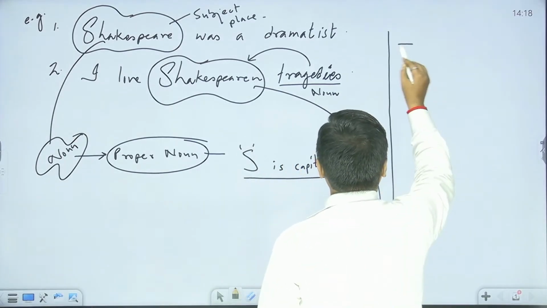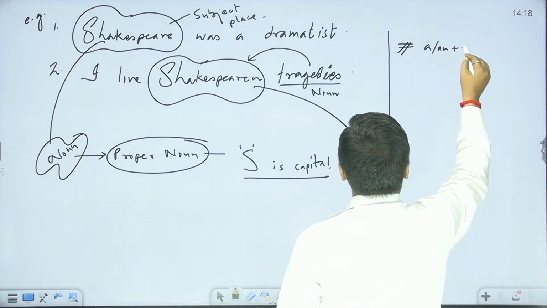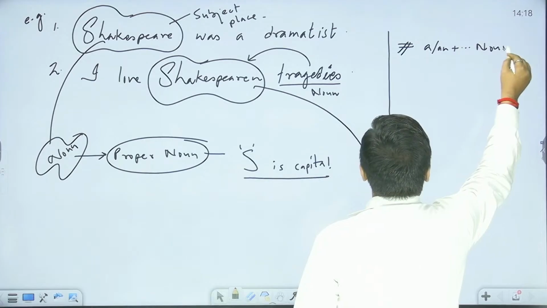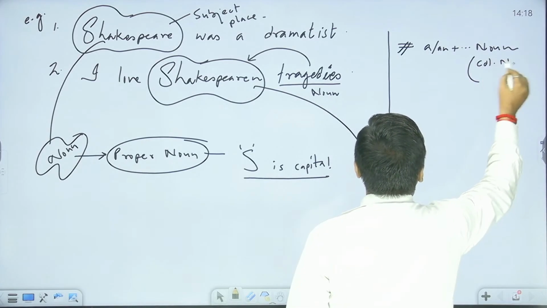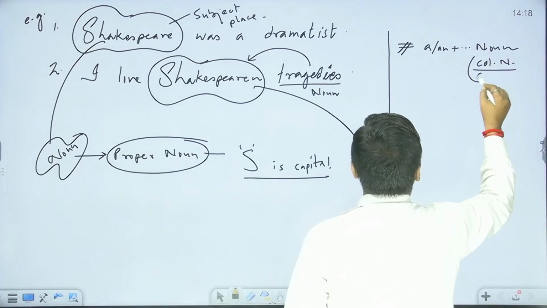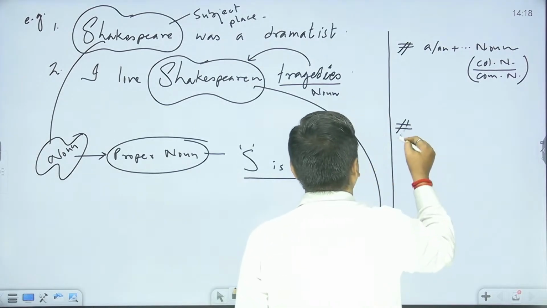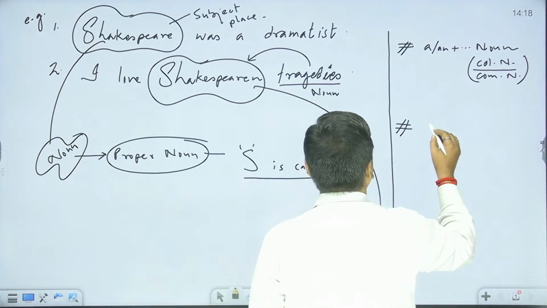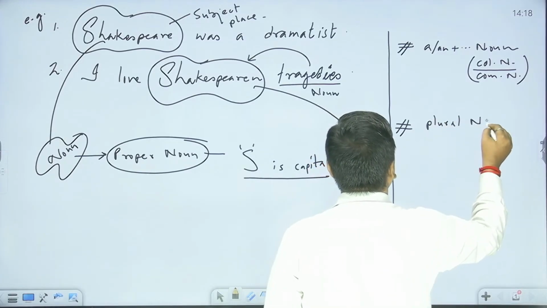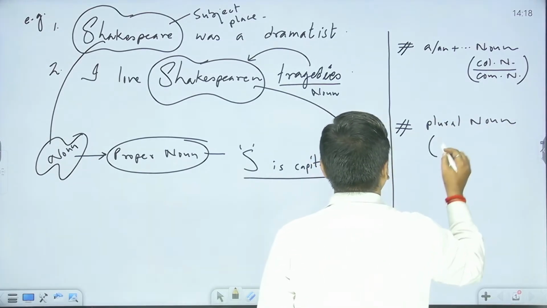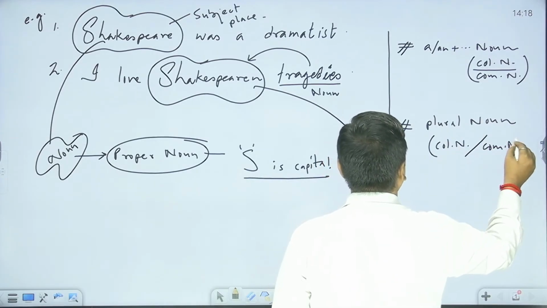Remember the second point and the third point. If you see a or an before a noun, remember this noun will be a collective noun or a common noun. Another point, if you see a plural noun, remember this will be a collective noun or a common noun.